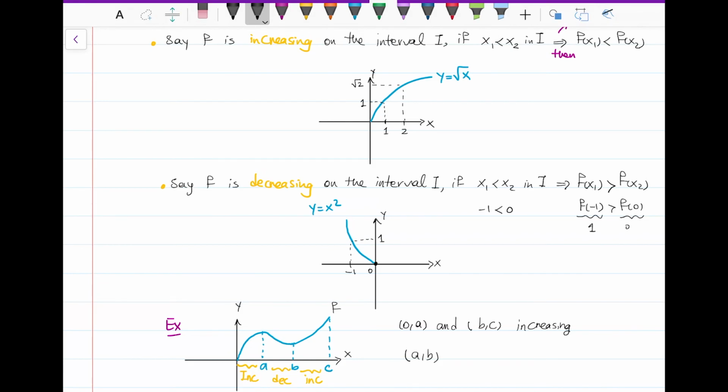And on the interval from A to B, the function is decreasing. Okay. That's everything about increasing and decreasing functions. And we're going to talk about the range and domain and more properties of the function on the next lecture.